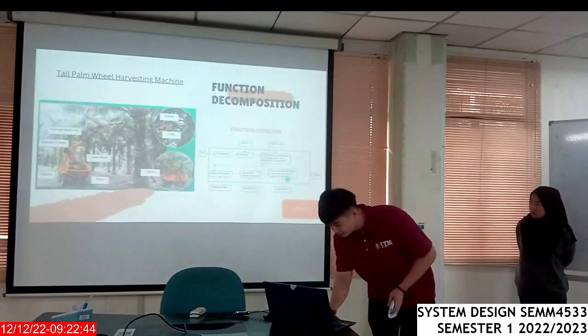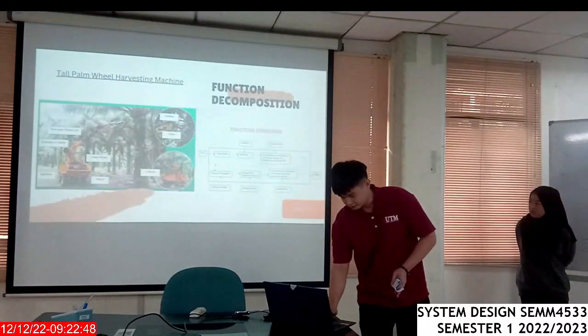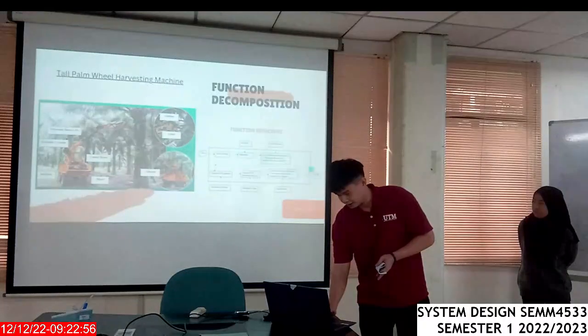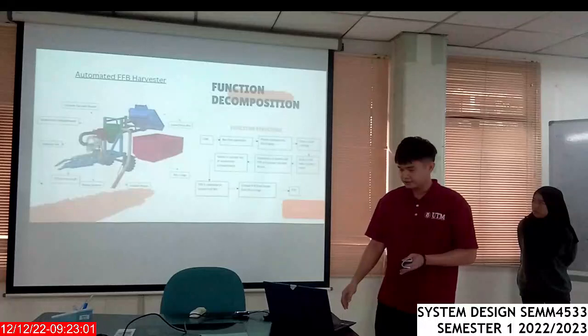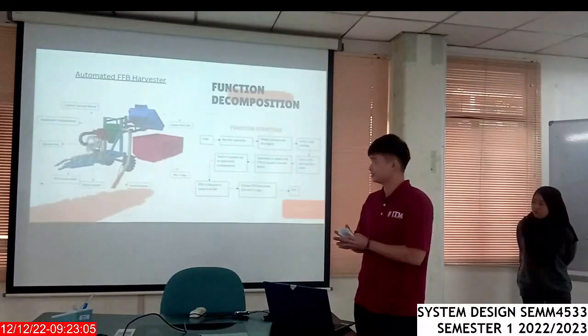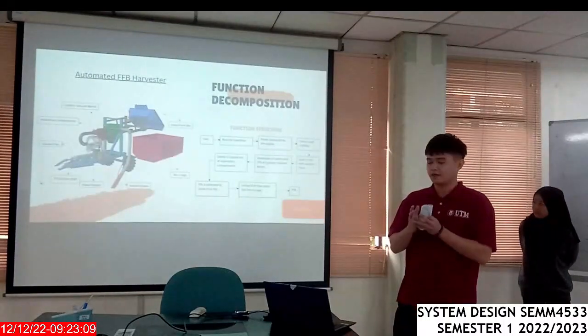After that, the crane rotation and adjustment of telescopic boom leads to the collector. So it will collect all of the FFB that is cut into the collector. After that, we have harvested the FFB. So here is the automated FFB harvester, which is used to collect all of the FFB.